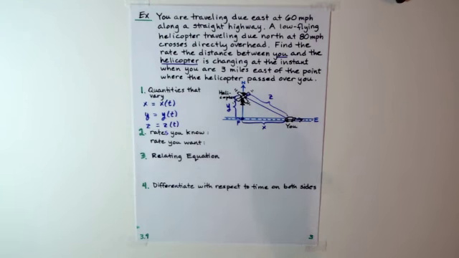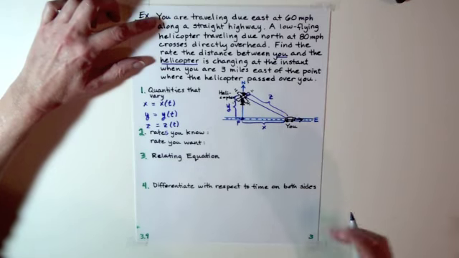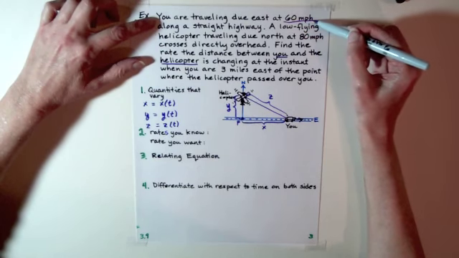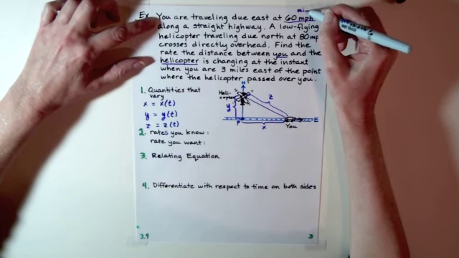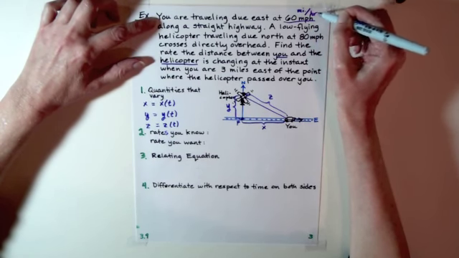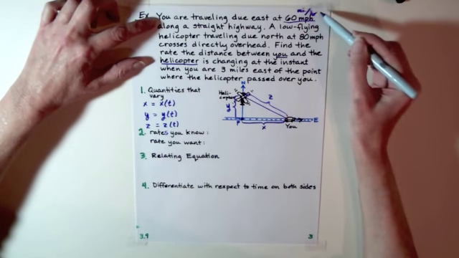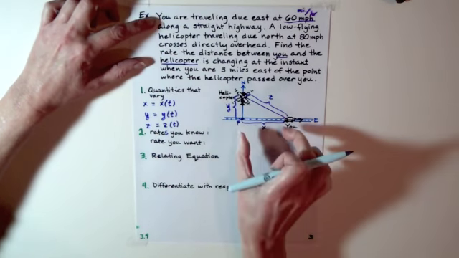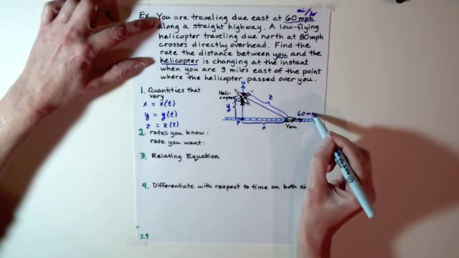Okay, well, what rates do I know? We do know some rates of change. We're told that you are traveling due east at 60 miles per hour. And remember, mph really is a rate of change. It's miles per hour. So it's the rate that your distance is changing in time. So we do know that you are moving in this direction at 60 mph.